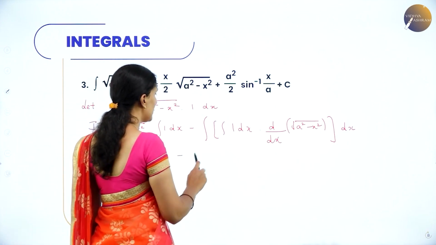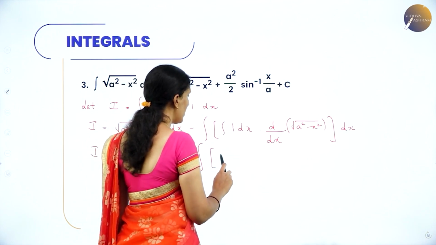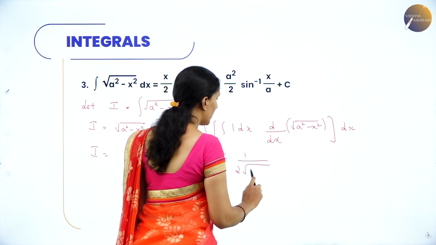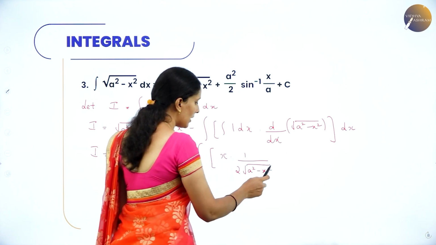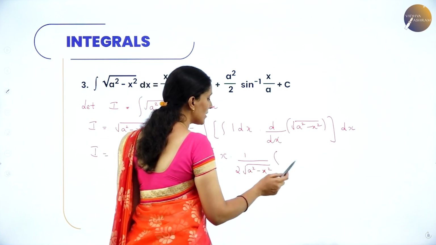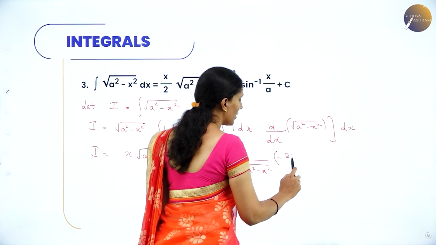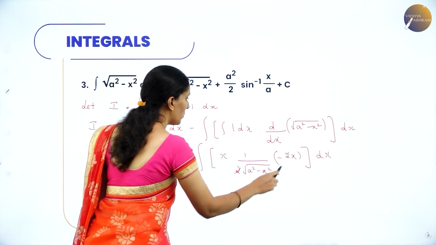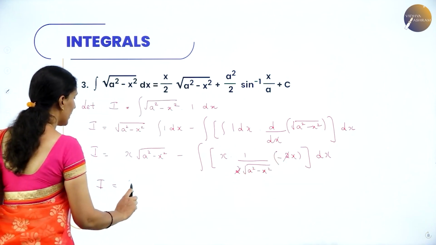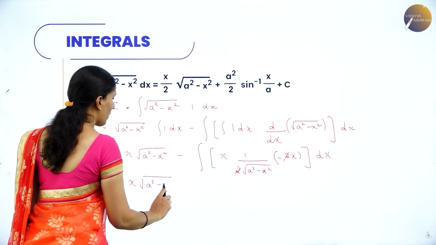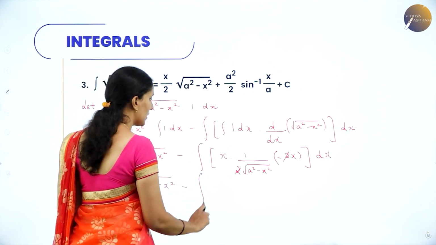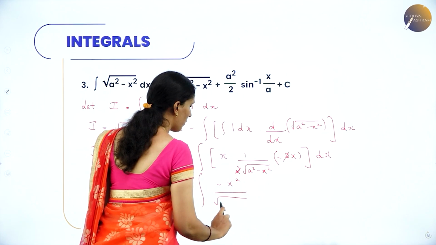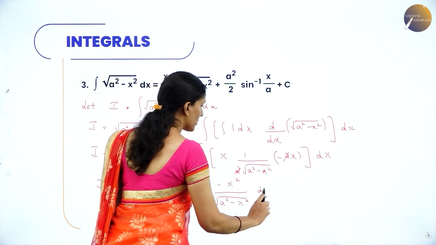And here minus integral of, what is integral of 1? It is x. Derivative of the root is in the form of 1 by 2 root of a square minus x square. And here again differentiating it, a square is 0, minus x square becomes minus 2x, with respect to dx. Here, 2 and 2 get cancelled. So, I is now x into root of a square minus x square minus integral of minus x square divided by root of a square minus x square with respect to dx.